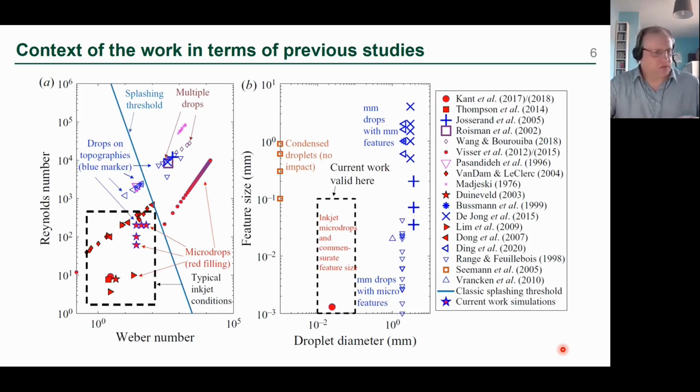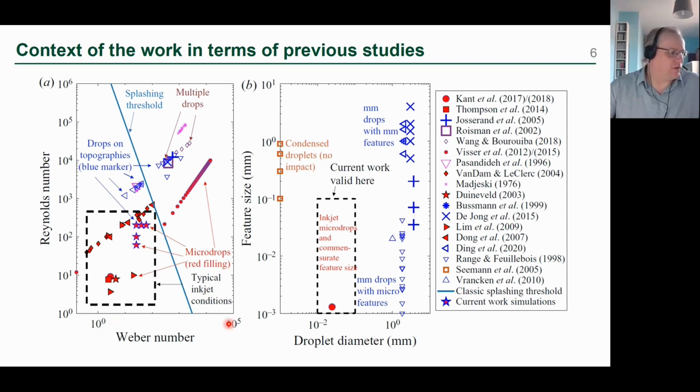So this is a survey of some previous work relevant to this, which Khaled produced for a paper which he published earlier this year, and also for his thesis. So this is how a lot of people present work on droplets, and you can see there's a lot of work on droplets.